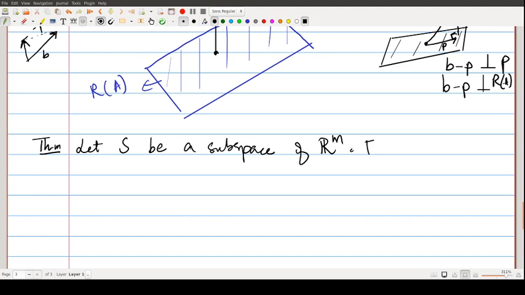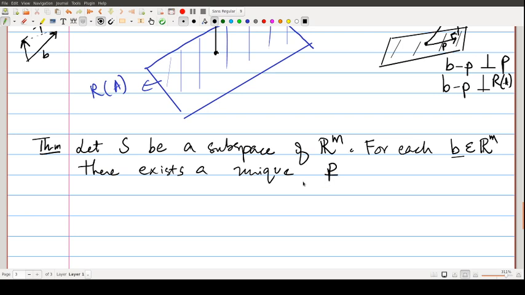Then for each B vector in this m-dimensional real space, there exists a unique vector P in my subspace that is closest to B. So this theorem guarantees me that there is some closest vector that you can find.